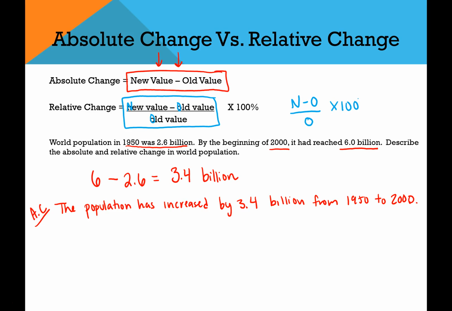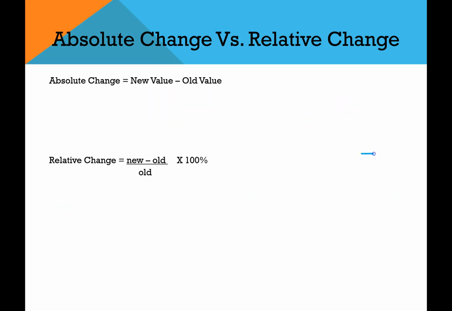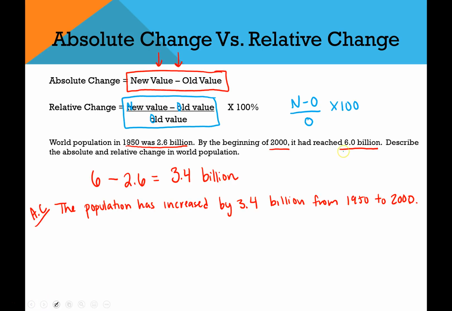So we're going to use the same information. Our new is going to be 6 billion. So that's going to be 6 minus our old, so minus the 2.6. And then notice how you're repeating the O. It's that second thing that you repeat.